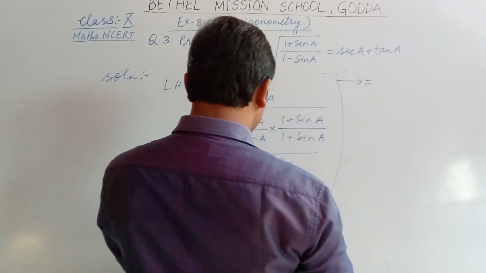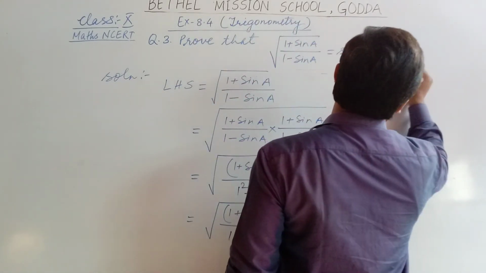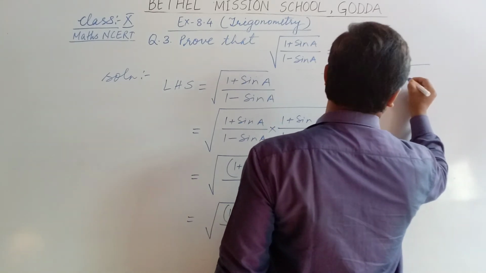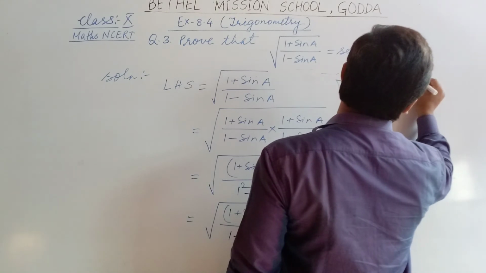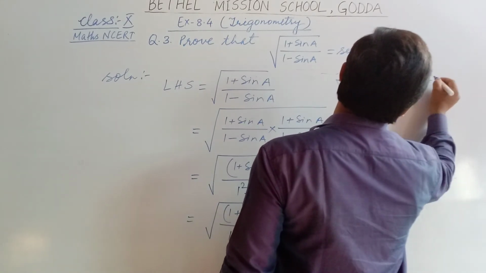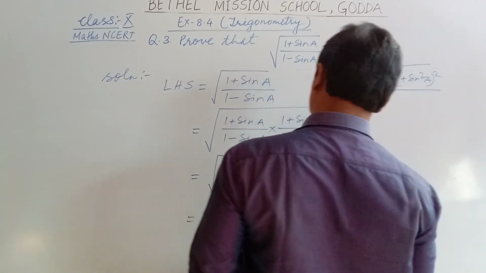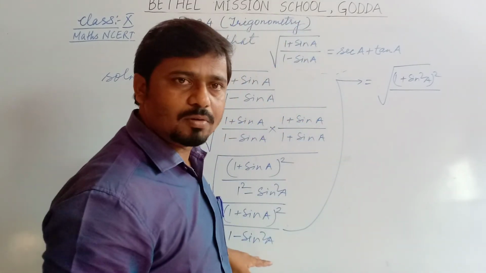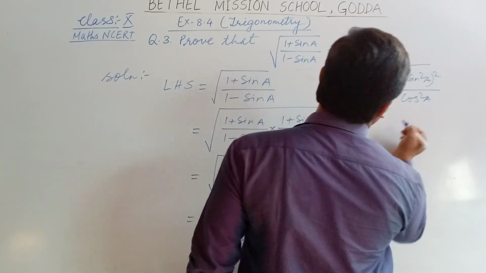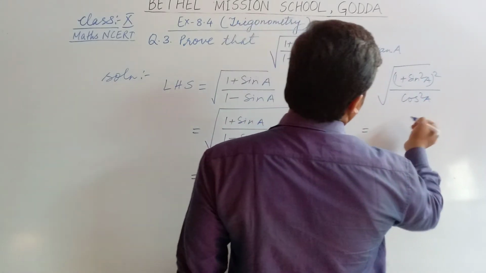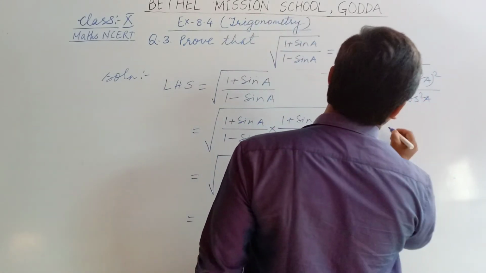So here 1 minus sin square A, what will be under root 1 plus sin A whole square by 1 minus sin square A equal to cos square A. So here will be cos square A, and this cos square A and square both will be removed.